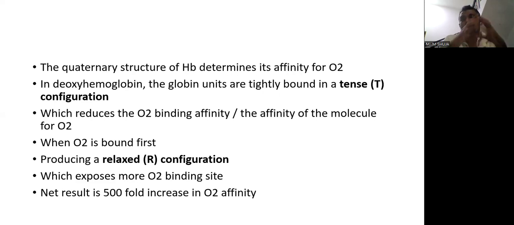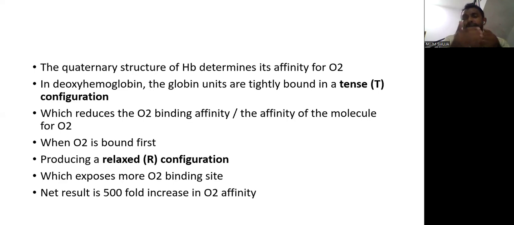The hemoglobin in the deoxygenated form, that means when there is no oxygen, is found in the tense configuration. At that point, there is a reduced oxygen affinity.